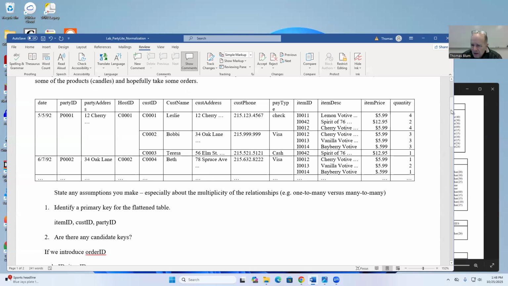But maybe we have inflation and the price goes up, or maybe within the sale, or maybe within the order there was a sale price.